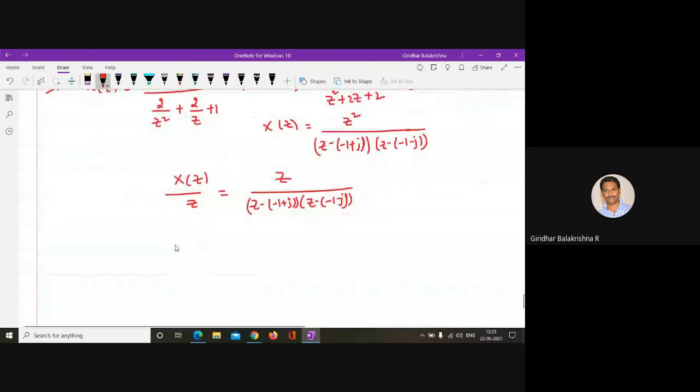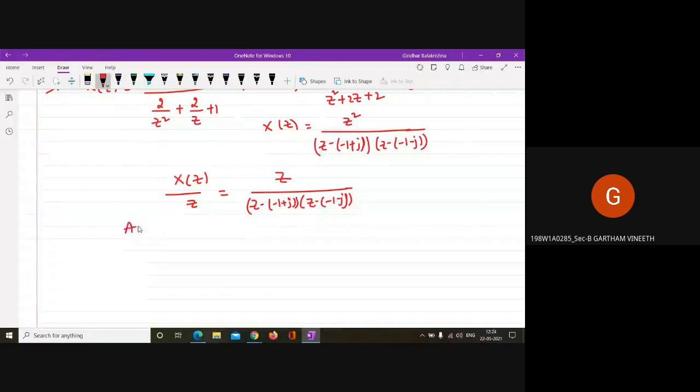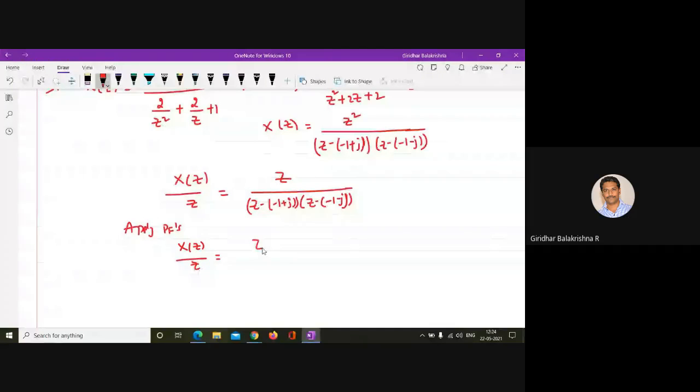Now what do we need to apply? Apply partial fractions. Then X of z by z equals z by z minus of -1 plus j into z minus of -1 minus j.